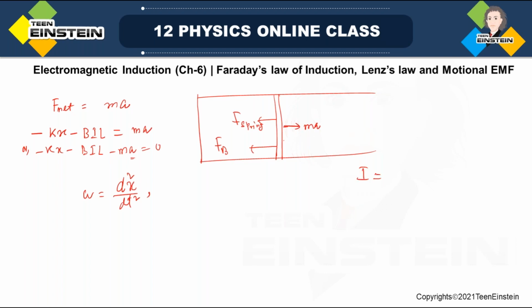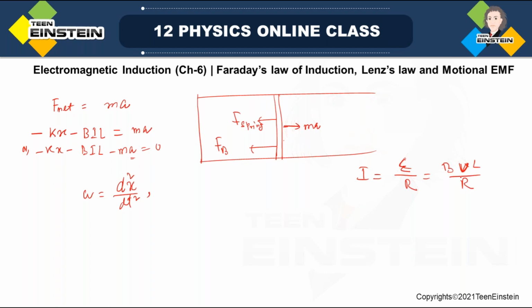This I can be found out as induced EMF by resistance. So what is induced EMF? This will be BVL. Suppose this strip has length L, and V is the speed with which this is actually moving.